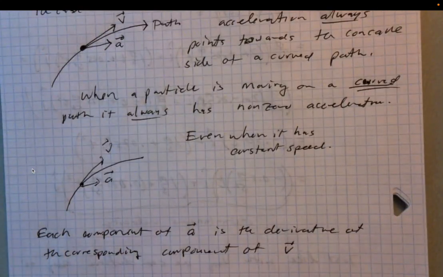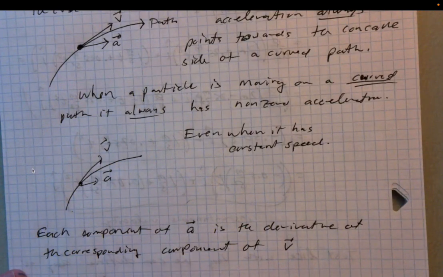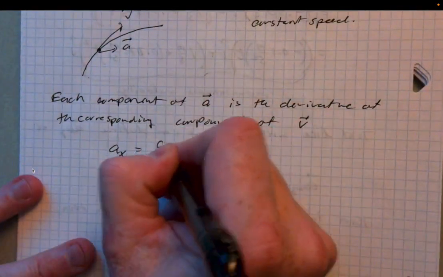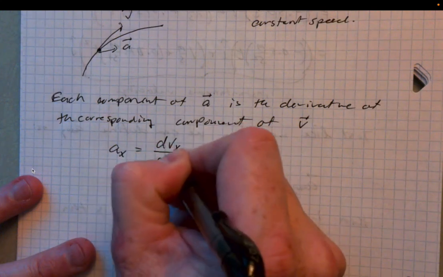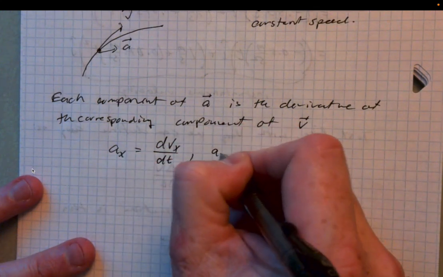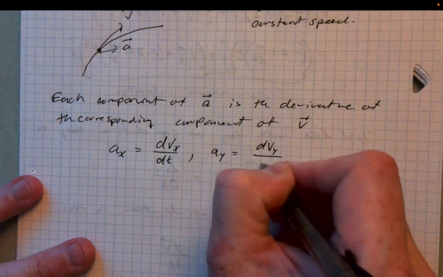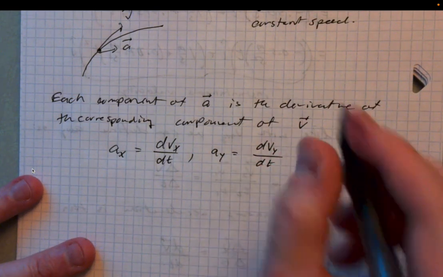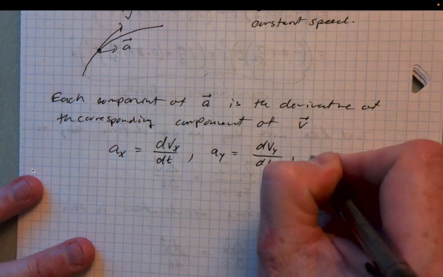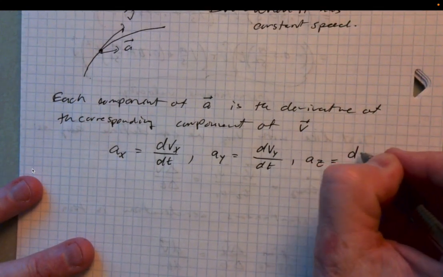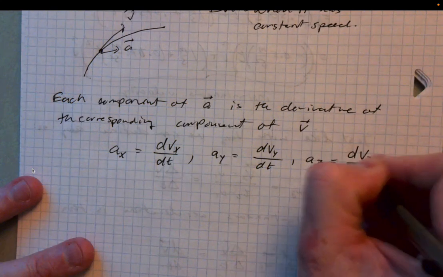So AX, for the X component of acceleration, is equal to the derivative of the X component of velocity. And the Y component of acceleration is equal to the derivative of the Y component of velocity. And of course, the same for Z. The Z component of acceleration is equal to the derivative of the Z component of velocity.